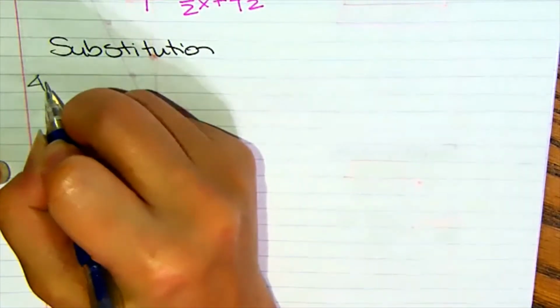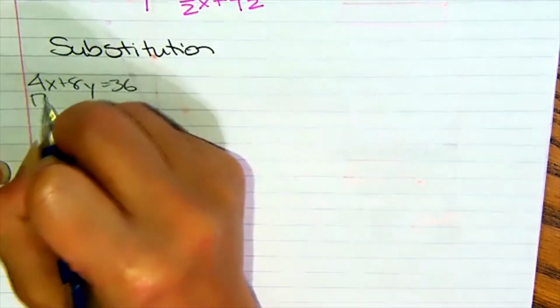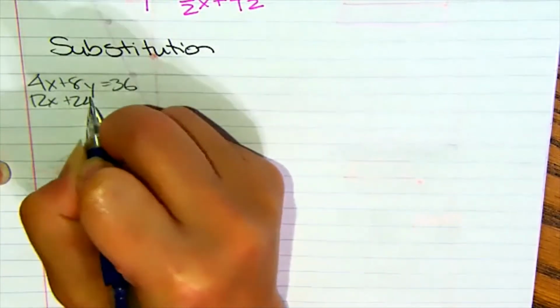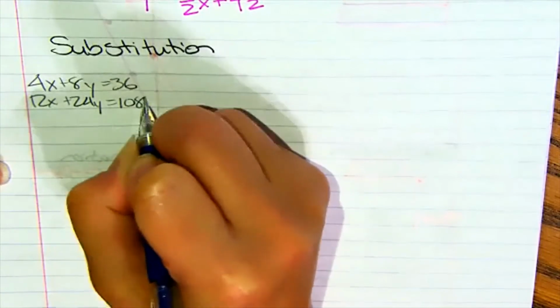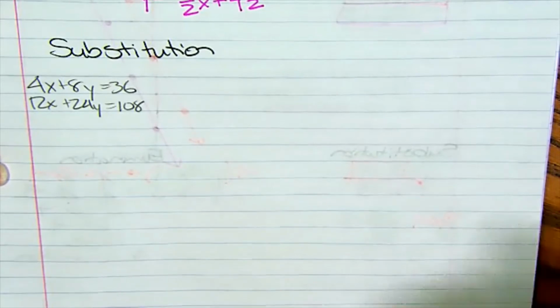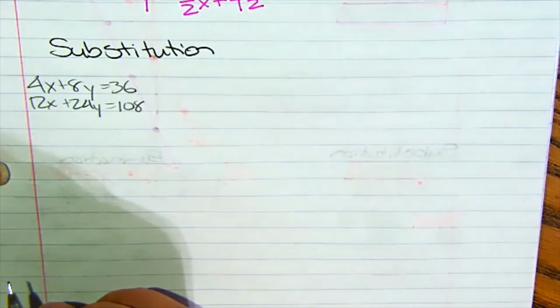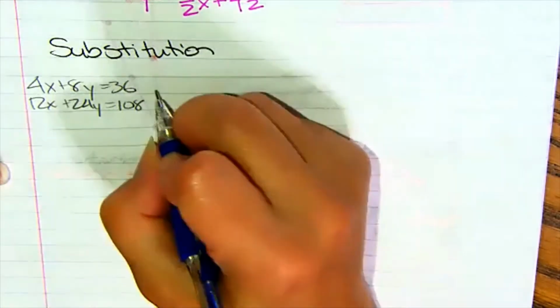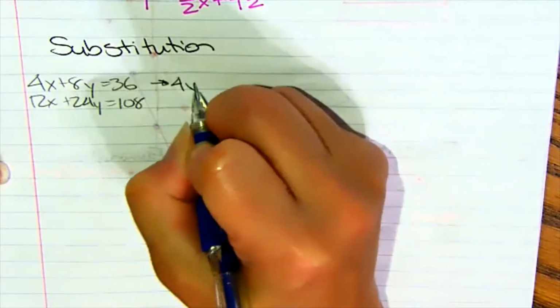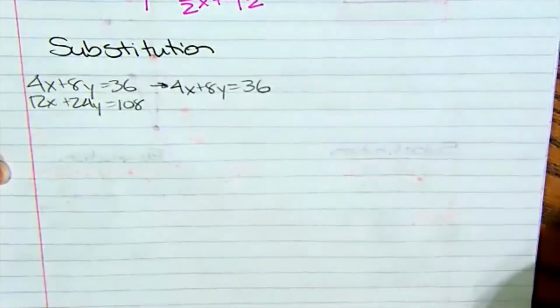So the book has given us these equations. Substitution. I don't think this is going to be very pretty because we're looking at a lot of large numbers. But I'm going to substitute. Let's isolate x, and we'll use that for substitution.